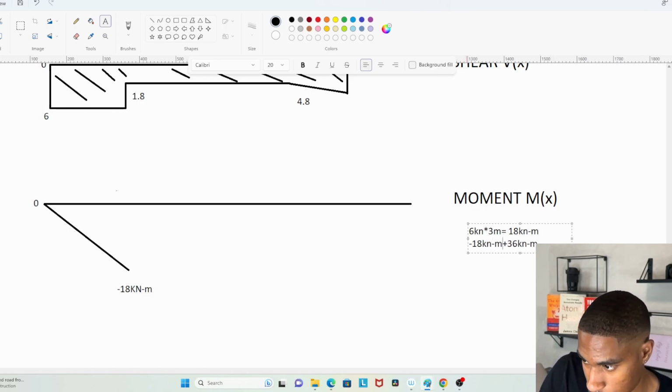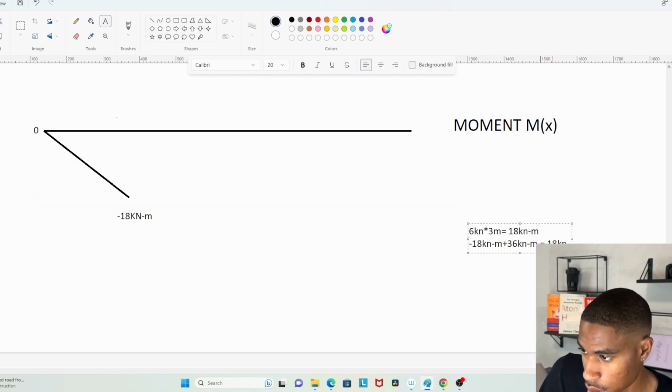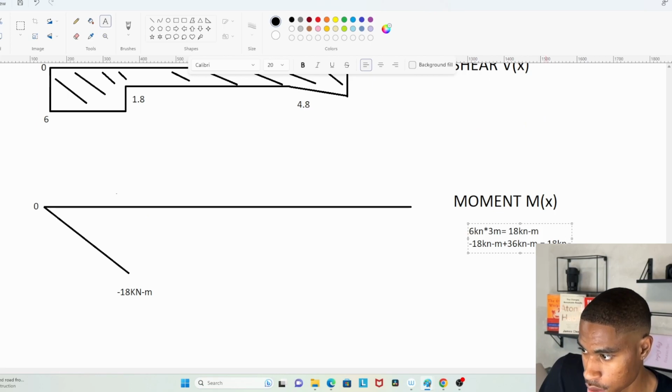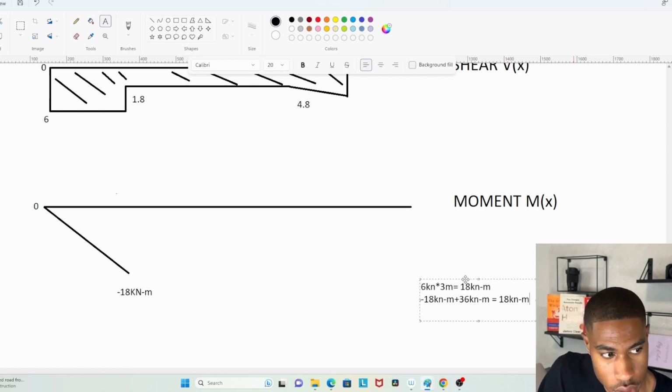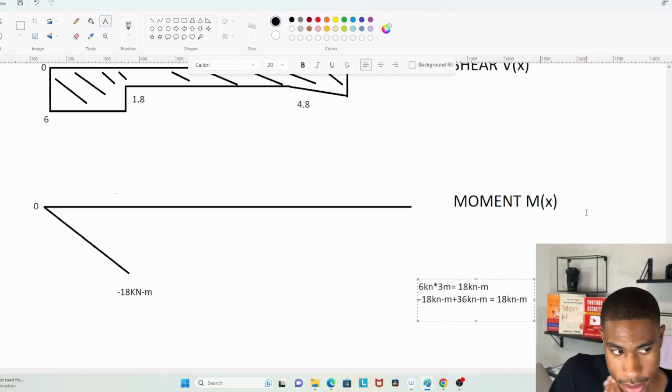kN-m is equal to 18. You might not be able to see my work. Now you might be able to see that a little bit better.